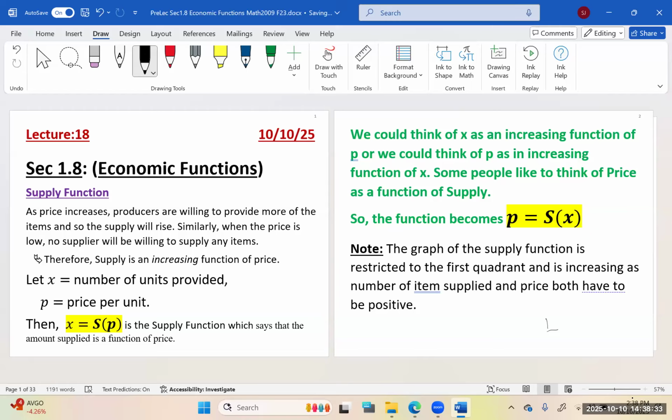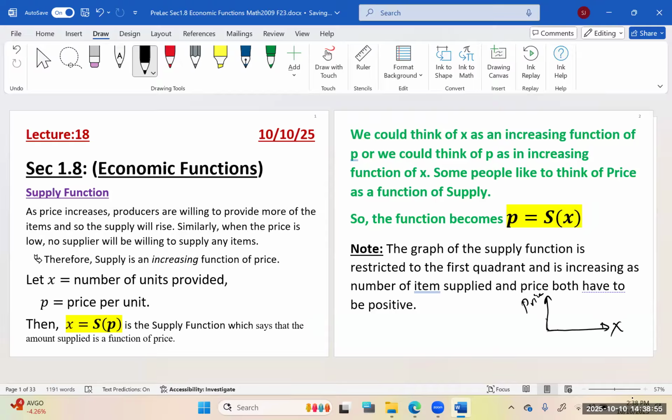So usually supply is represented by quantity, which is X. And we know we want to draw X on the X-axis. That's common sense. Drawing X on the X-axis and X is the quantity. That means our Y, or in this case, the price, has to go on the Y-axis.